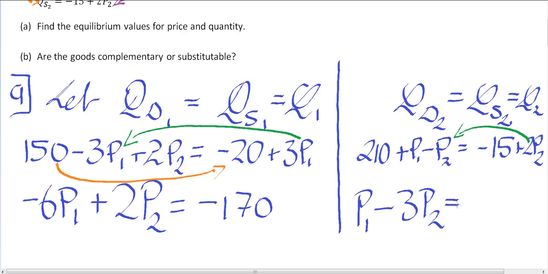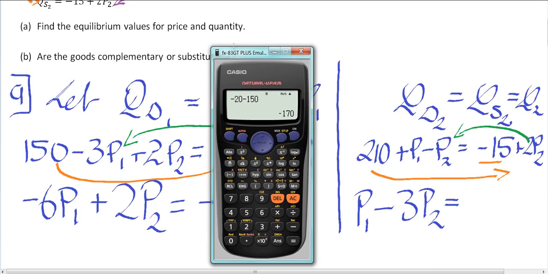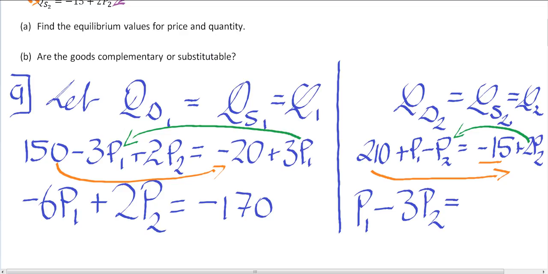So the minus 15 stays there, and there's a 210 that is going to go over to meet it, and it's going to become minus 210. So altogether I'll have, check it out in the calculator, minus 15 minus 210. It'll be minus 225.